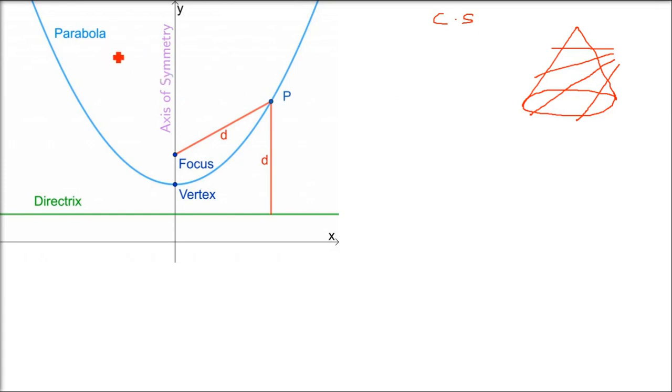So one of the shapes will be a parabola. Parabola we are using in different fields. If you throw a stone, it will take a projectile motion, that is a parabola only.